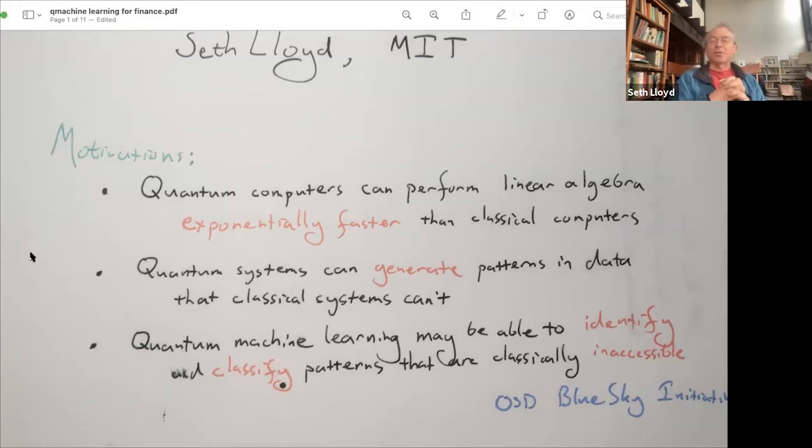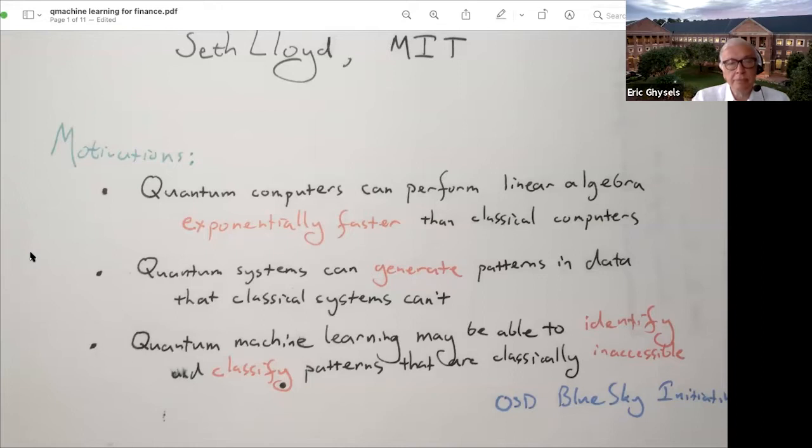So this suggests using them for quantum machine learning, because in machine learning we have systems like deep neural networks that can recognize patterns in data, and they can also generate patterns in data. So we can use them in recognition mode, and many systems we can use in generative mode. For instance, there's a famous Google experiment where they taught a deep neural network spontaneously to figure out that there are lots of pictures of kittens on the internet.